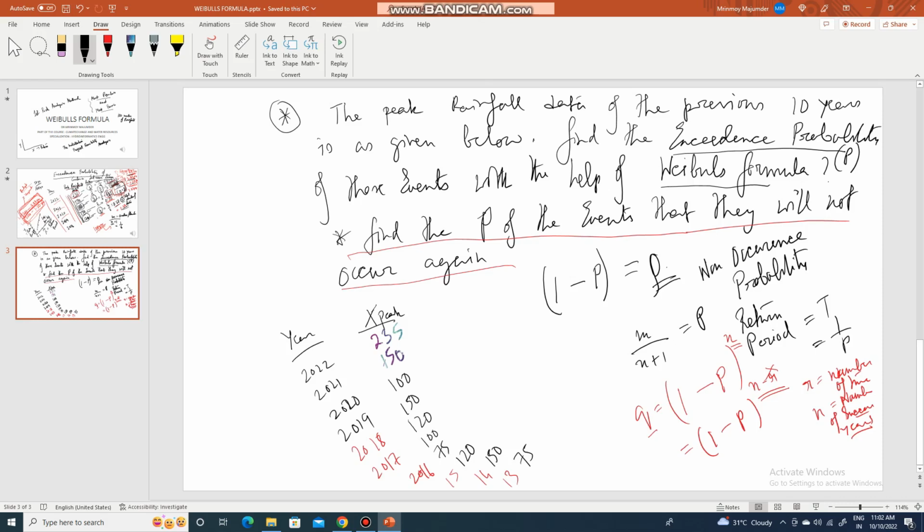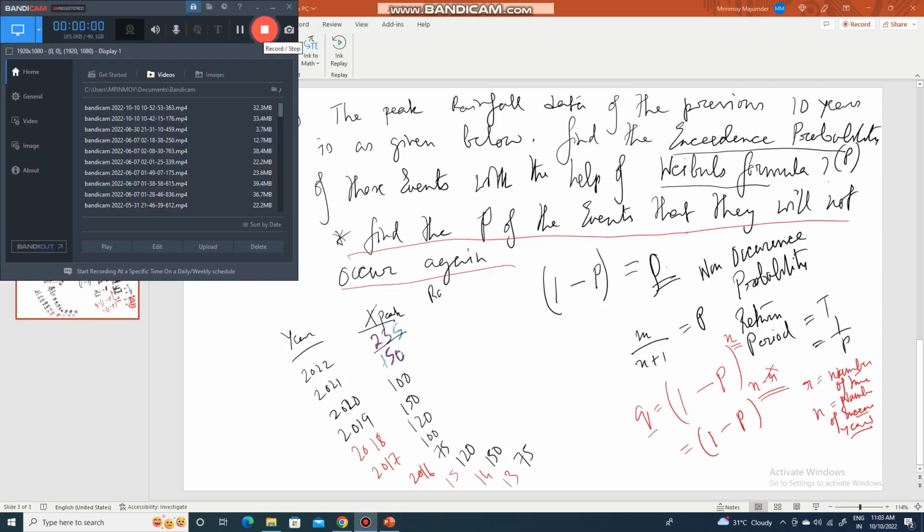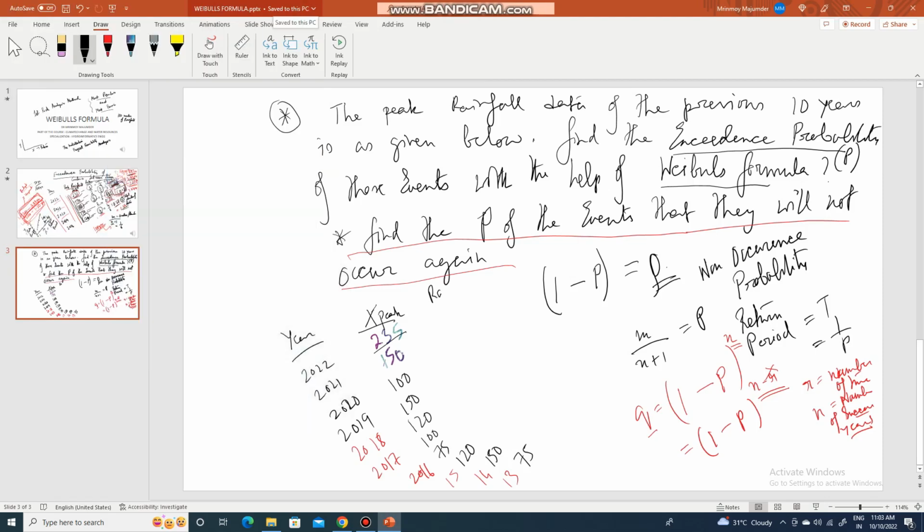So your first job will be to assign the rank as per the descending order of magnitude. 235 is the highest magnitude event, so its rank will be first.